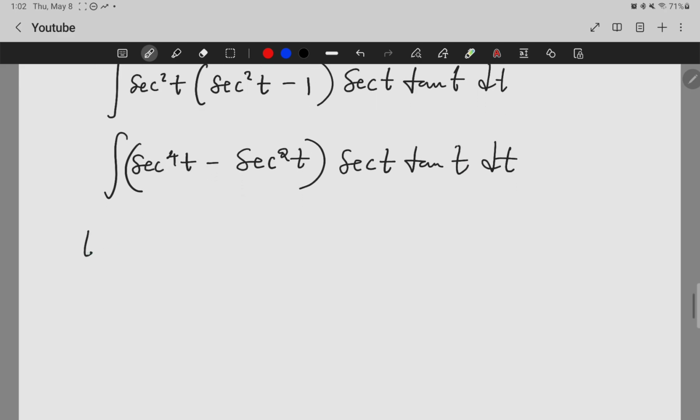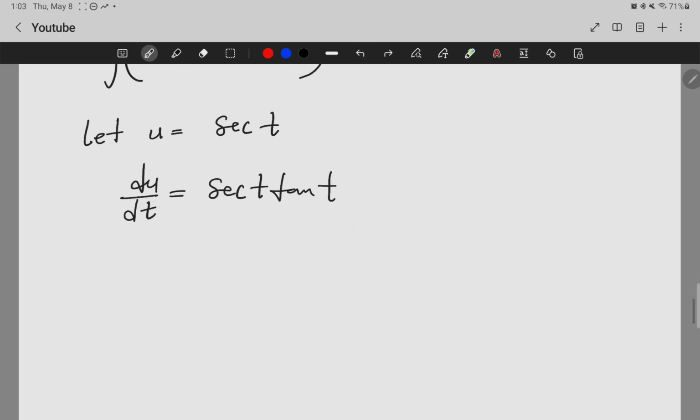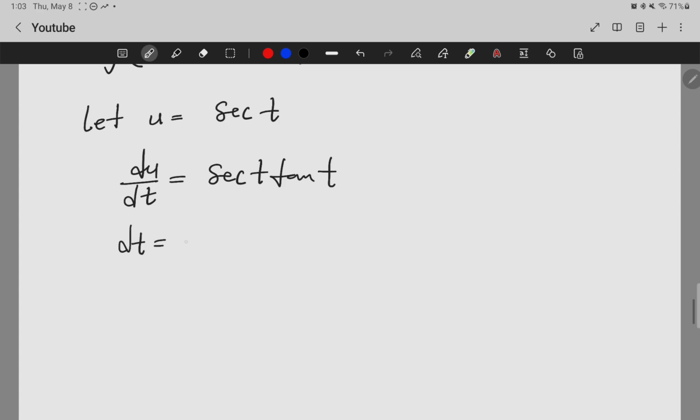So here now, we let u be equal to sec t. When we differentiate u with respect to t, this will be equal to sec t tan t, and then making dt the subject of the formula, it becomes du over sec t tan t.